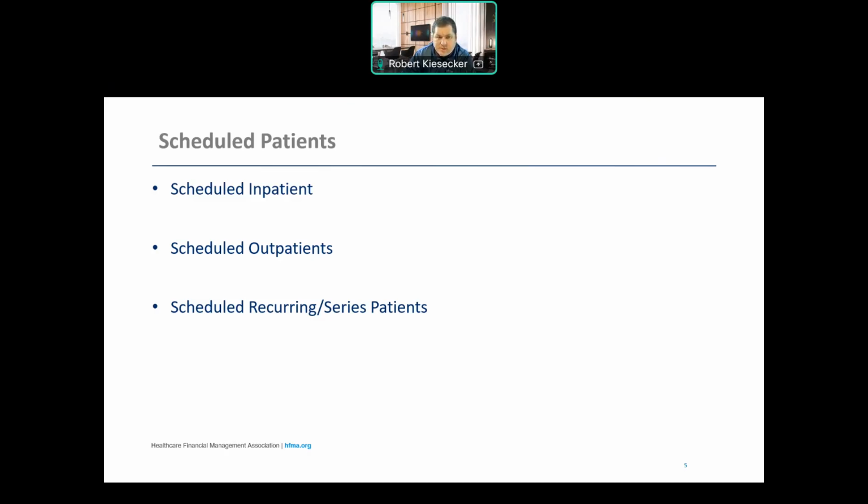Imagine somebody coming in for radiation therapy or for surgery, there may be some prep that needs to happen ahead of time that we need to let the patients know. We want to make sure that we're prepared for that.